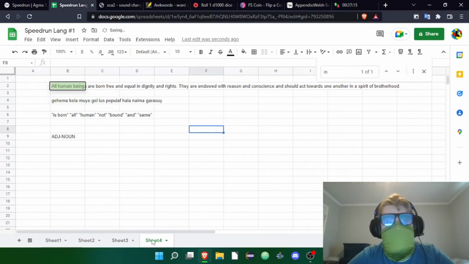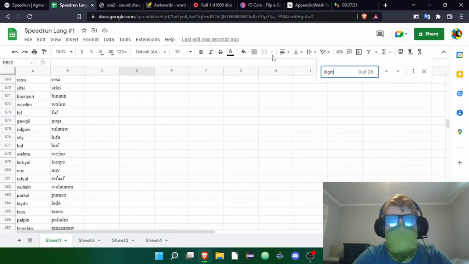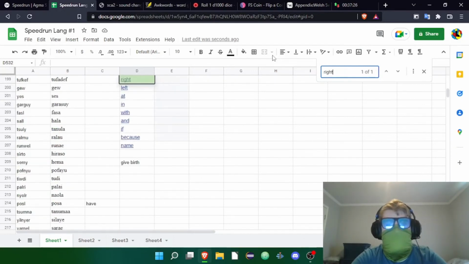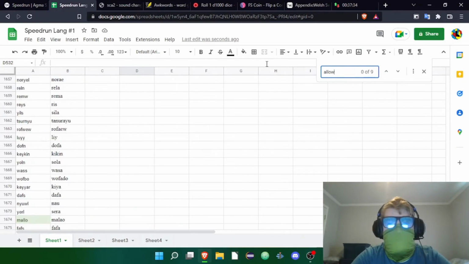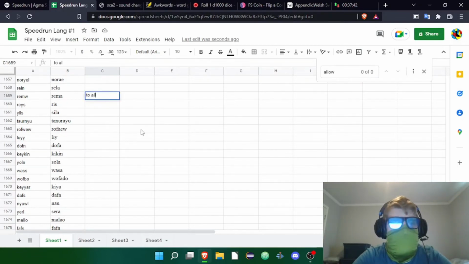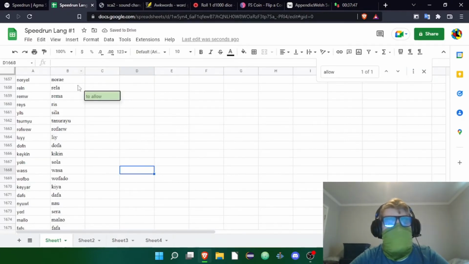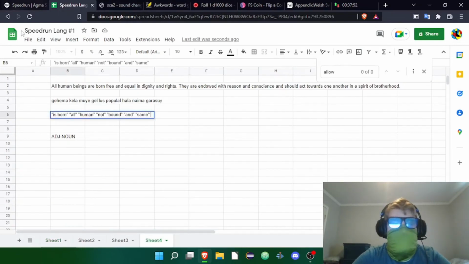In dignity and rights. So we need something that means dignity. Let's create a verb that means to allow. In this case, that will be rema, to allow. And then we will create the passive, the past participle porema, which means allowed.